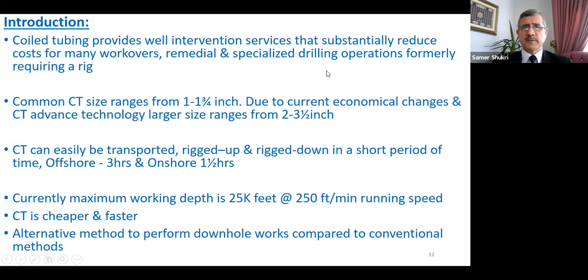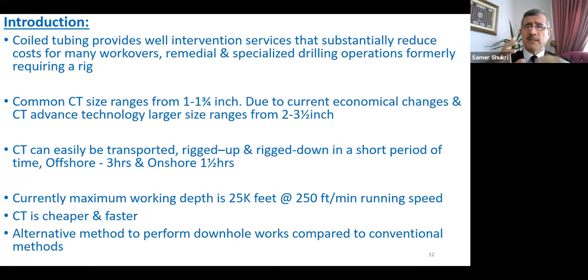What is coiled tubing? Coiled tubing is to provide well intervention services from surface to the reservoir. Instead of bringing a workover rig to the well site, we can move the coiled tubing and run it to the downhole and do whatever we want.